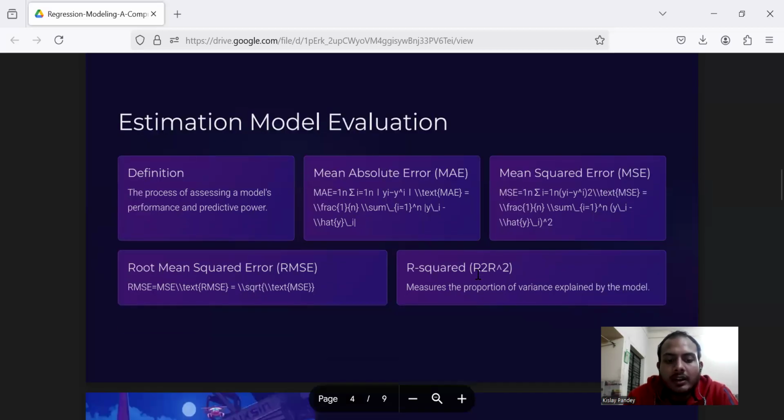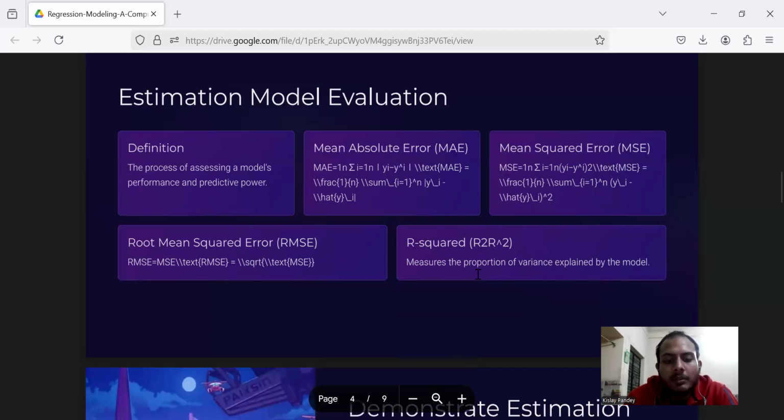Mean squared error, MSE, similar to MAE but squares the differences to penalize the larger errors. Root mean squared error, RMSE. This is the square root of MSE, which makes it more interpretable. R squared measures how much the variance in the dependent variable is explained by the independent variables.